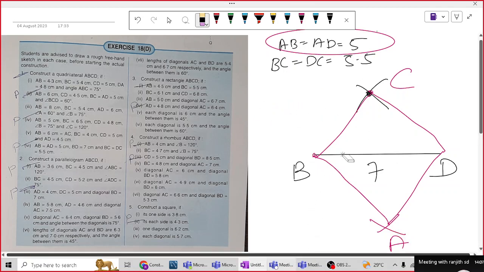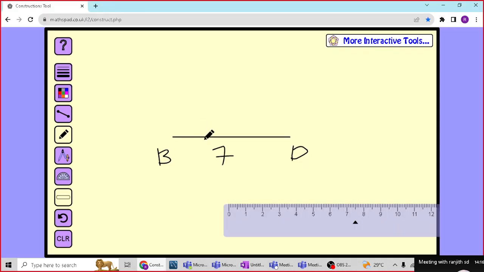You take it as the base and the remaining two, draw the arcs at the top and down. You get a quadrilateral like this. Let me take 5 centimeters from B to C. From B to C it's just 5.